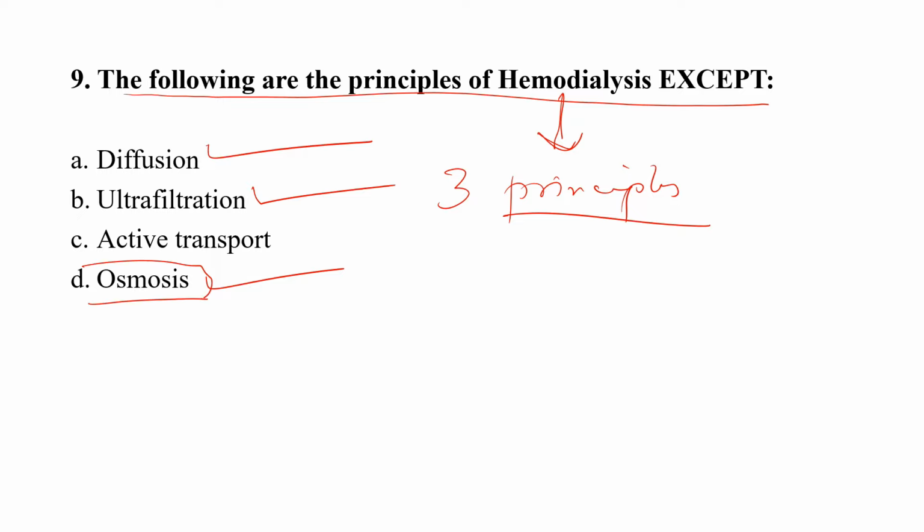These are the principles on which hemodialysis works. So the question asked here, the following are the principles of hemodialysis except. So except active transport, all are the principles of hemodialysis. So the correct option here is option C, which is active transport. It's not a principle of hemodialysis.